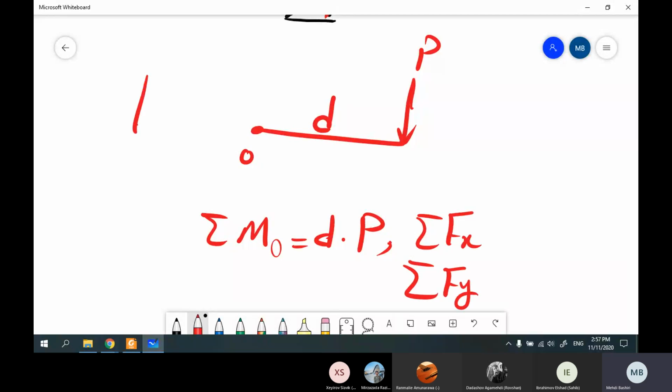Assume that this is x-axis and this one is y-axis. Sigma Fx is 0 because there is nothing along the x-axis, and sigma Fy is minus P.